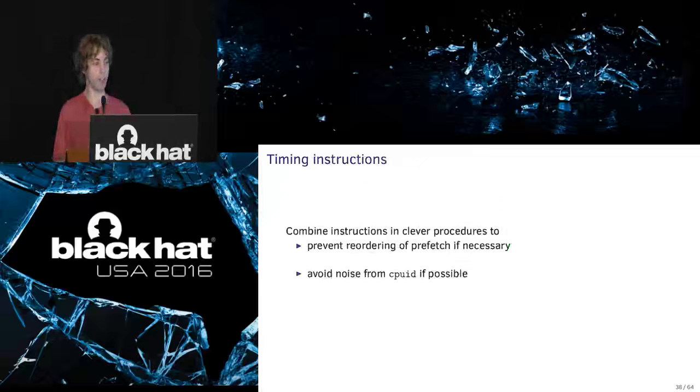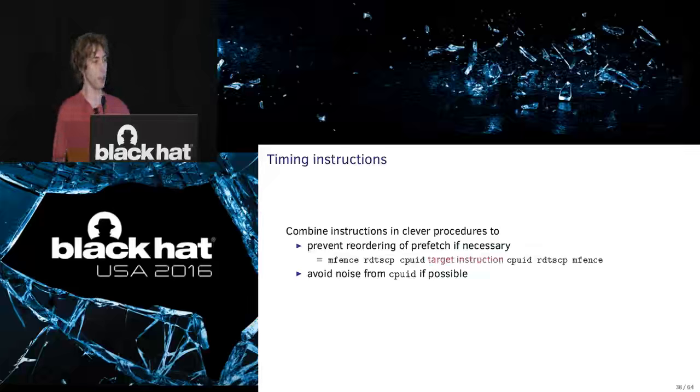So if we want to measure the execution time of a prefetch instruction, we actually have to come up with a sequence, and we came up with the following. We start with an mfence to serialize memory accesses, then RDTSCP, then CPUID, then the target instruction, and then the same instructions in the opposite order. This allows the prefetch instruction in the middle to be measured to a high cycle accuracy. The CPUID instruction might introduce noise.